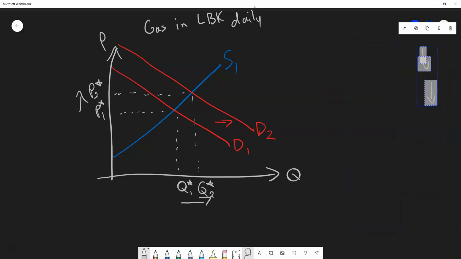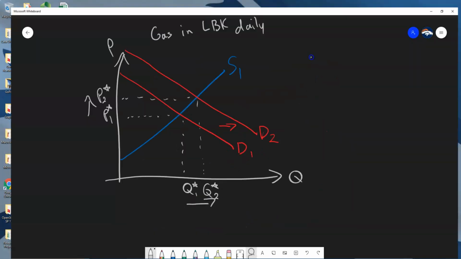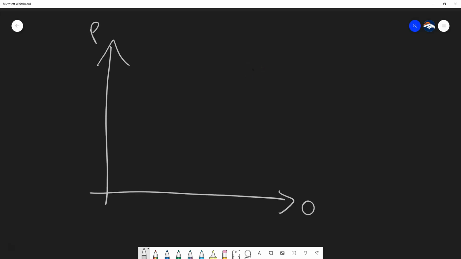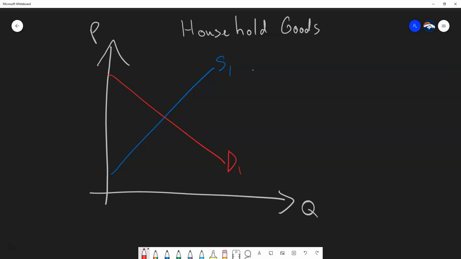Now, let me just show you some things real quickly, how we can graph this and show what happens. All right, let's say that there's a pandemic, and we're just going to put household goods up here, the market for household goods. What happens is that during the first of the pandemic, everything shuts down, and a lot of people were worried that they wouldn't have very much toilet paper.